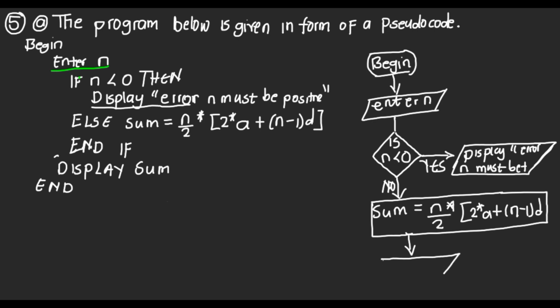The display is always written in the parallelogram. So display sum. From there, what are we supposed to do? We need to end. So this is how we can write it. So this is the flowchart that we can draw from the given pseudocode.